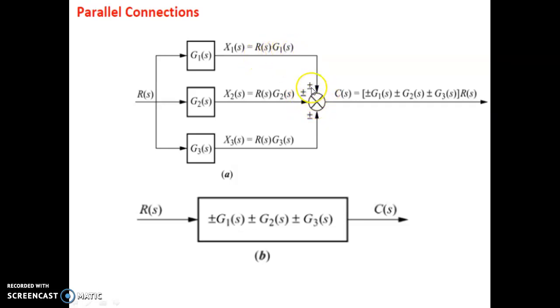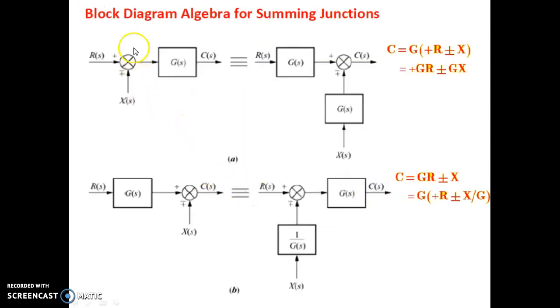So RG1 plus or minus RG2. Here we are considering only gain. So C of S equals G1 plus G2 plus G3, whole bracket, R, right? We can write in this format also, R into G1 plus G2 plus G3. If it is a parallel connection, we need to add or subtract depending upon the sign we are having.